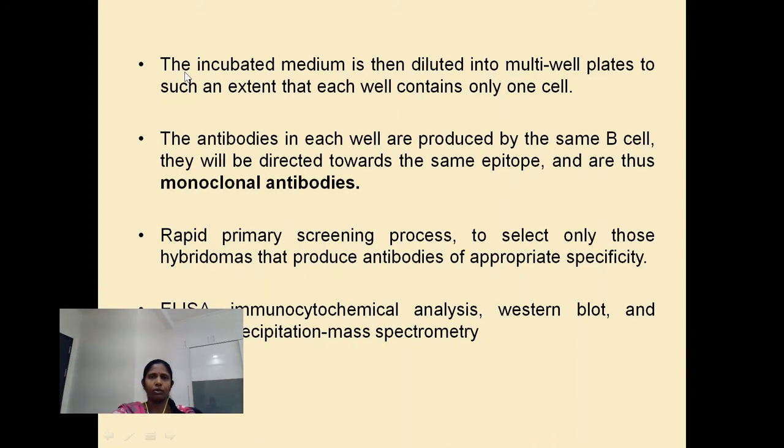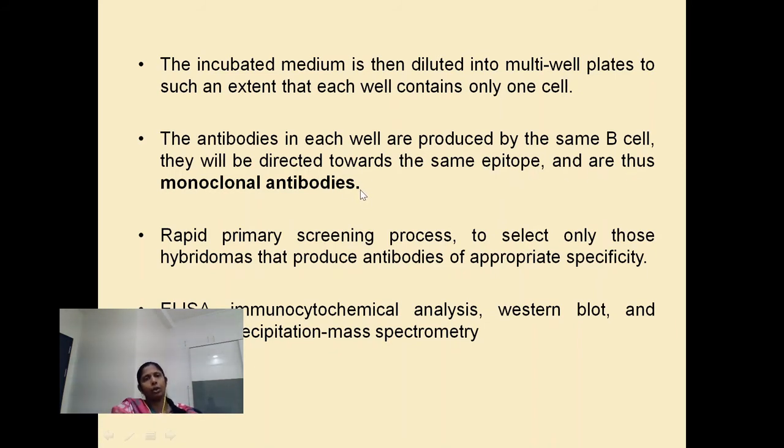Once the selection process is done, the incubation medium is diluted in such a manner that only one cell is present in each well of a multi-well plate, which means the antibodies in each well are produced by the same B cell and will be directed towards the same epitope and are thus monoclonal antibodies.